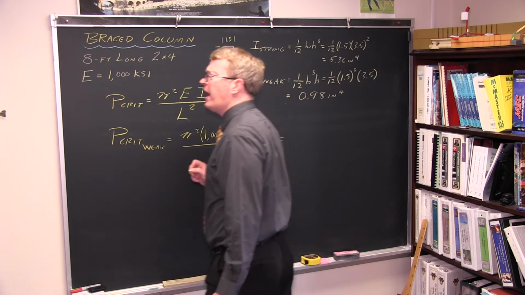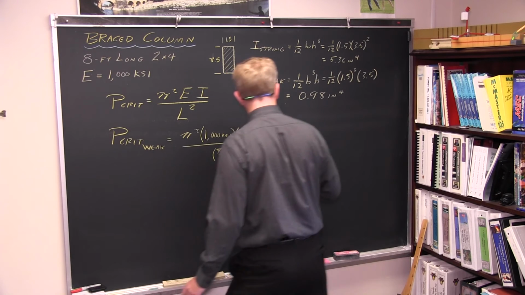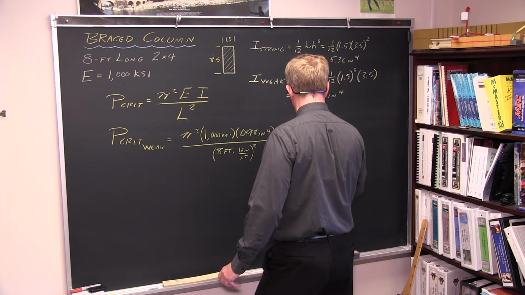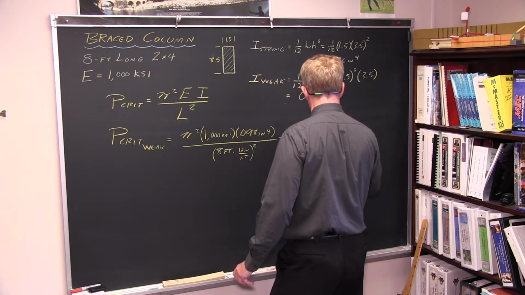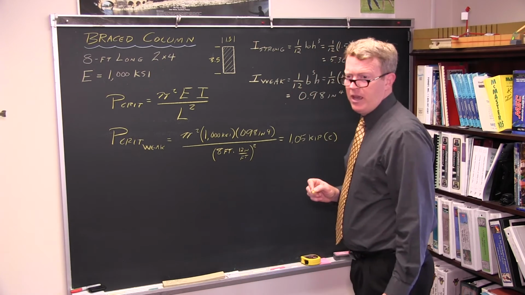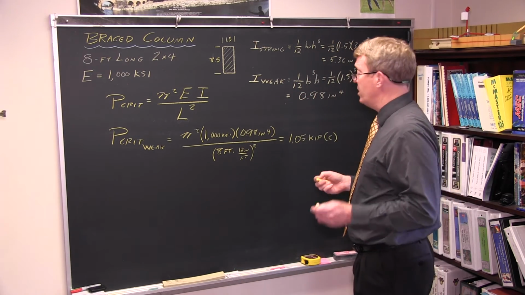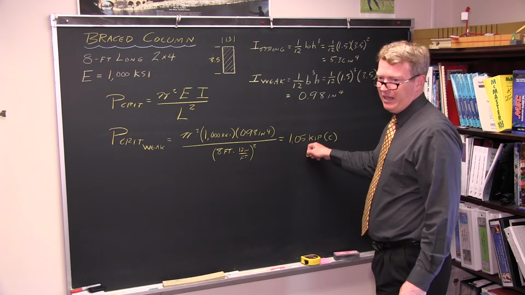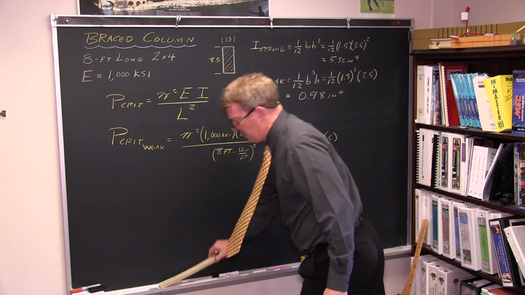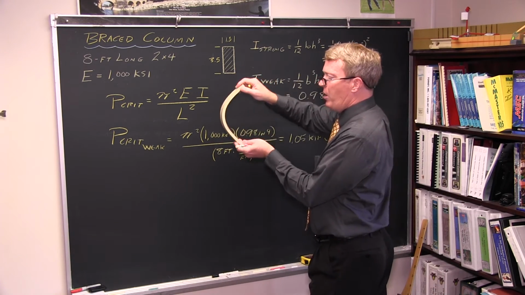And if I do all that, it ends up being about 1.05 kips in compression is the critical force necessary to cause buckling in the weak direction. Specifically, when I load it, it's going to buckle like that.